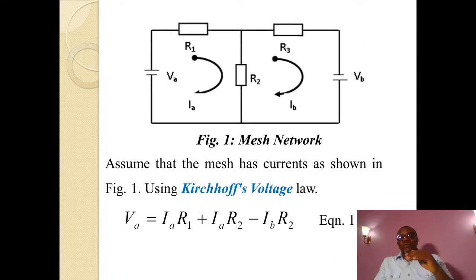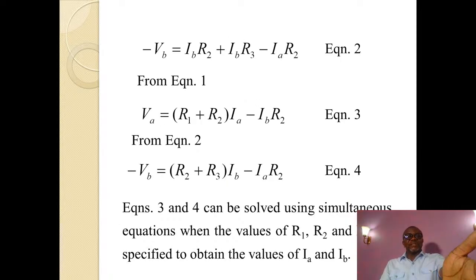So we see, with reference to R2, that VB is supplying a current which is against the current being supplied by VA. So we quickly term it minus VB.